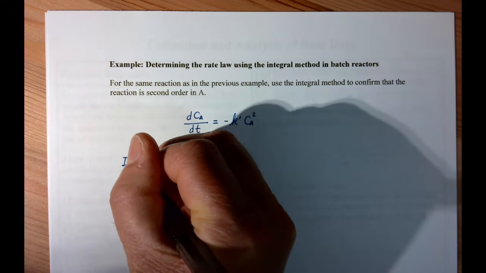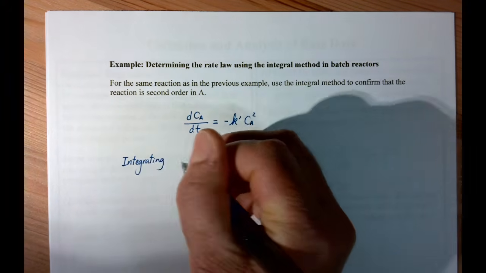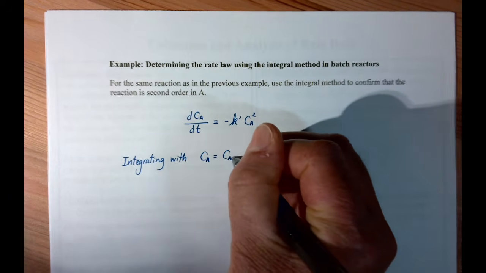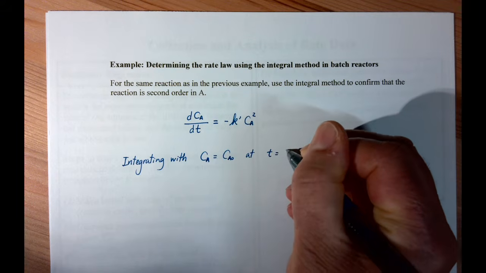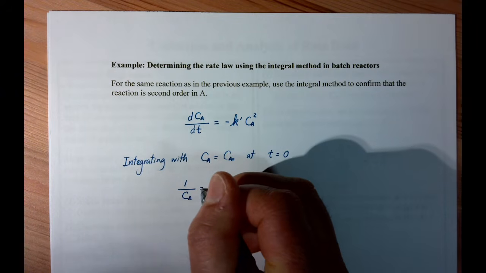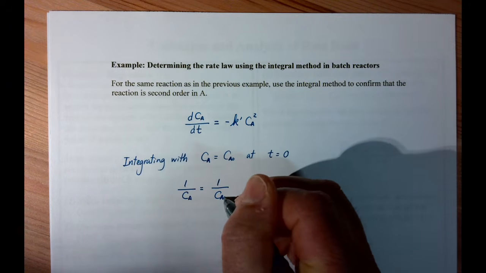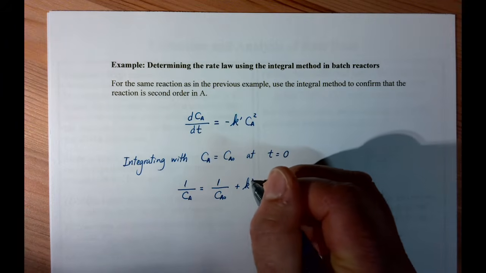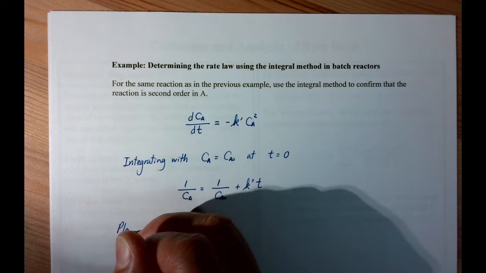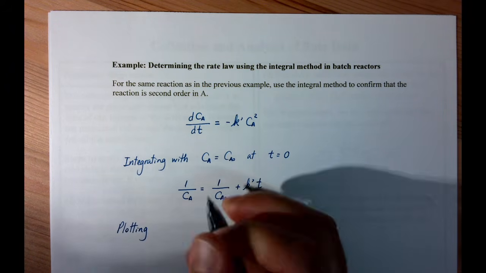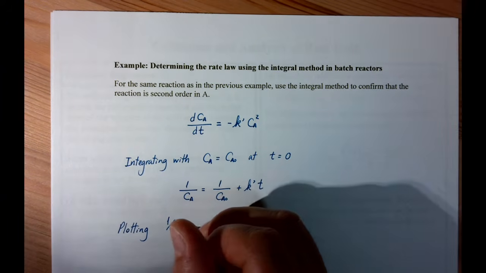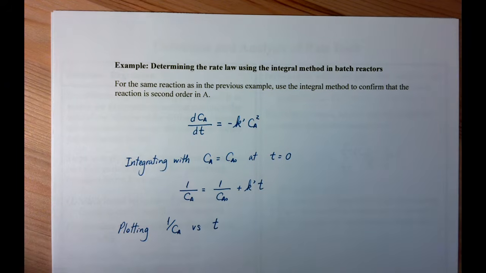So integrating, knowing that CA is equal to CA naught at a time 0, separating variables, integrating, we get that 1 over CA is equal to 1 over CA naught plus K prime times T. So you would now plot 1 over CA, the experimental CA, versus the experimental time.